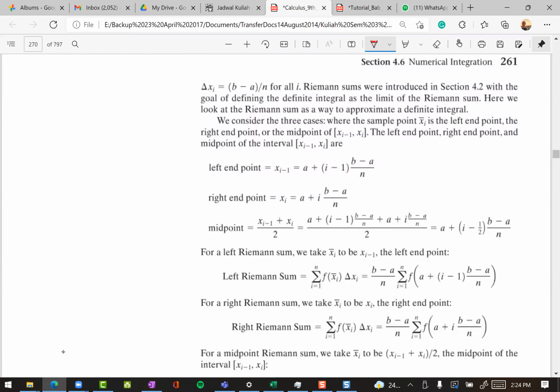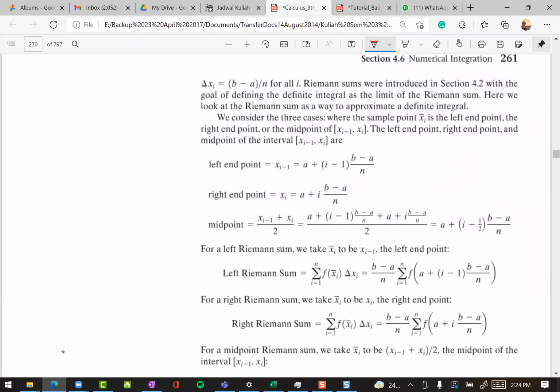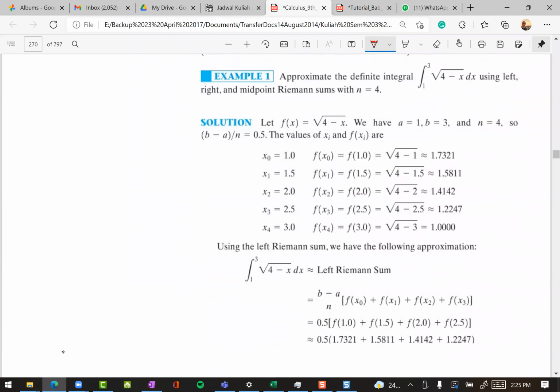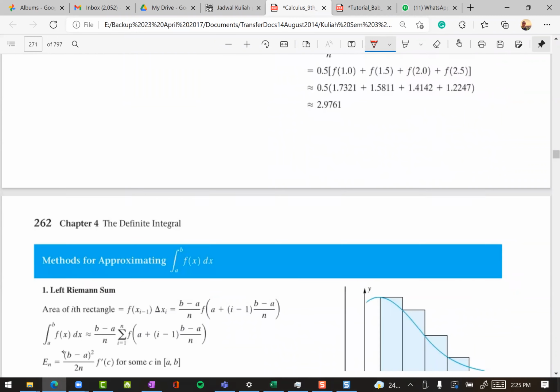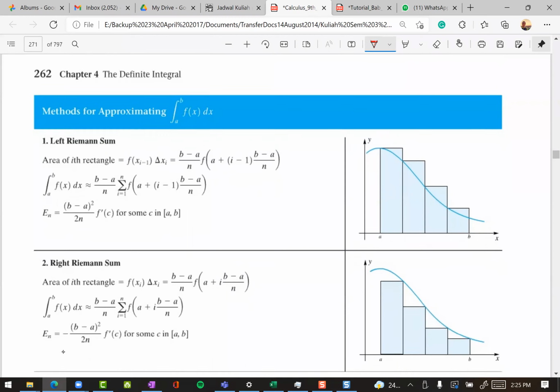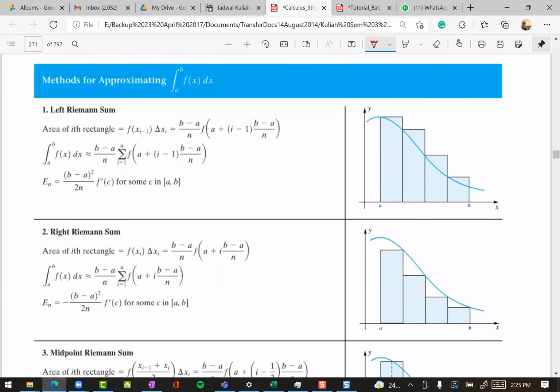So this is a formula, and I'll give you all the methods for this one.